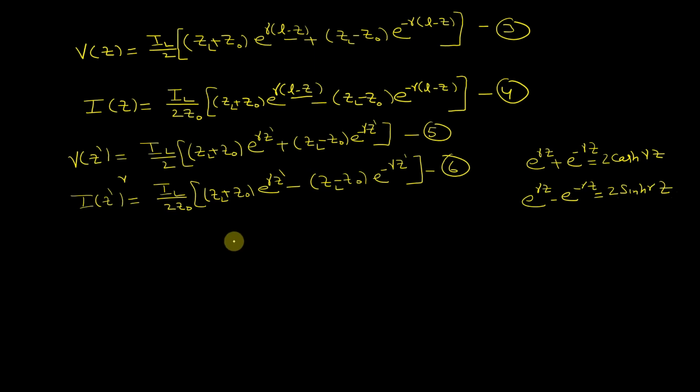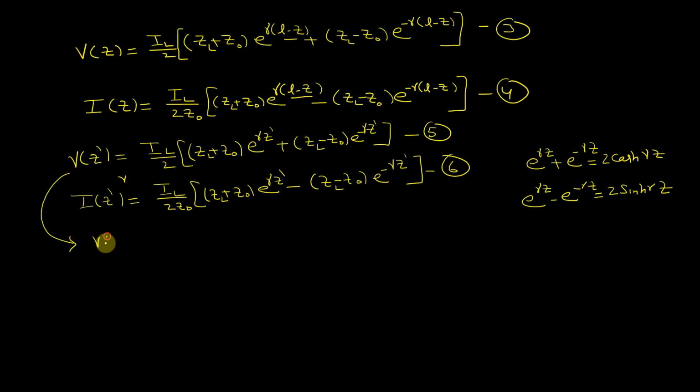Now you can see here, we can write this equation in cos hyperbolic and sin hyperbolic terms, if you open this bracket and cross multiply. Let us do it for this Vz dash.